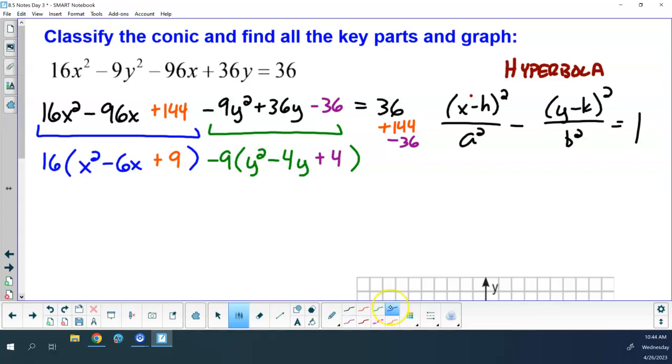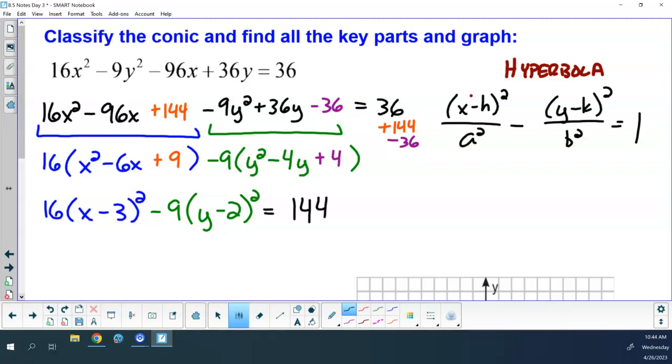So then this one becomes 16 times x minus 3 quantity squared. The green one becomes negative 9 times y minus 2 quantity squared. And that's going to equal 36 plus 144 minus 36, which is 144. Okay.